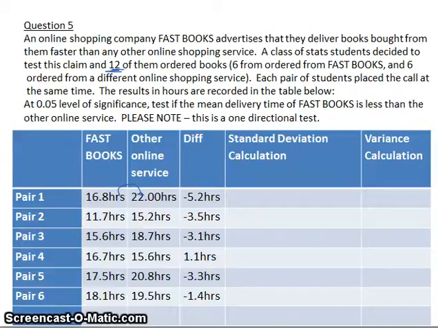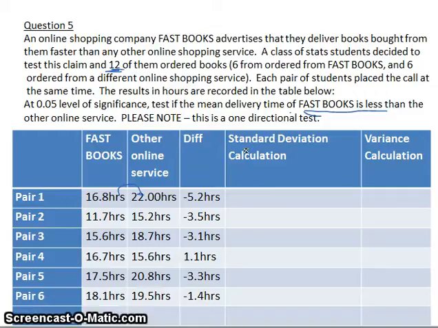Because it's not asking you to establish whether it is the same or not the same as the other online service, it's specifically telling you to test if Fast Books is less, which in this case means the amount of time is smaller. There's less time involved when books are delivered from Fast Books. And so this is a directional test.